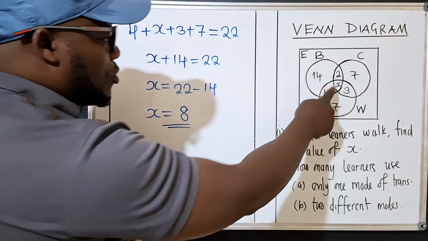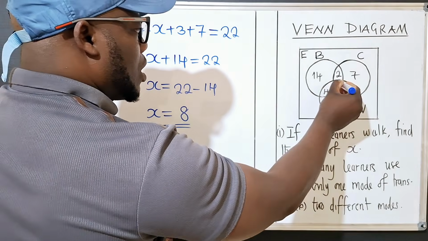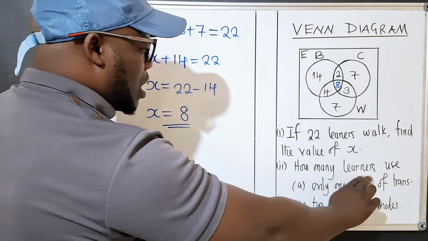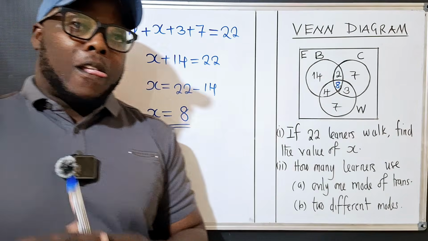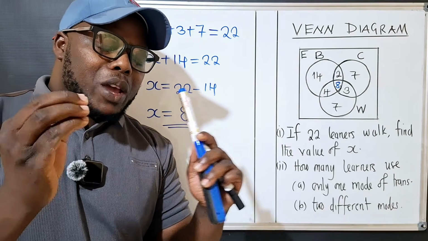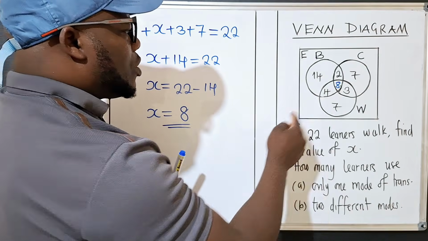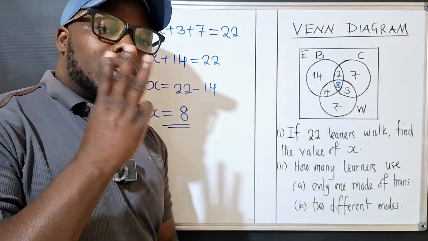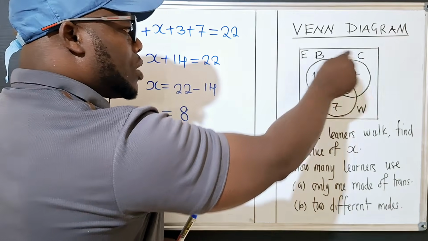So we know that the value of x here is 8. We now go to the next question: how many learners use only one mode of transport? This is where you need to be very careful. Let me make you understand something. In the Venn diagram, this region where 8 is, there are 3 activities happening at that region because it's the intersection of 3 things.